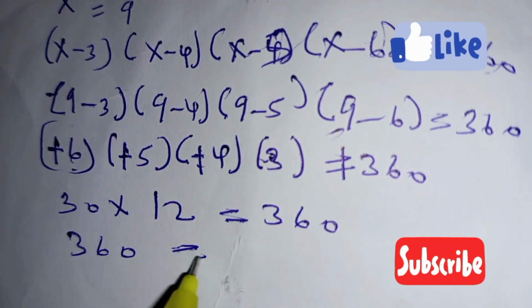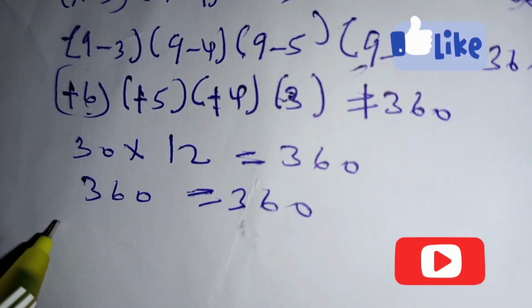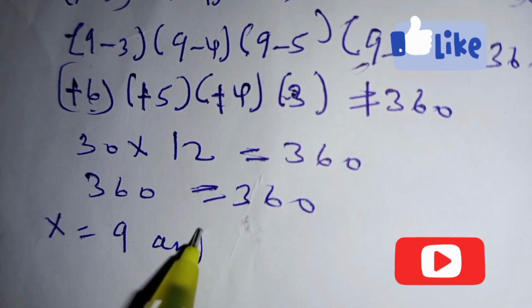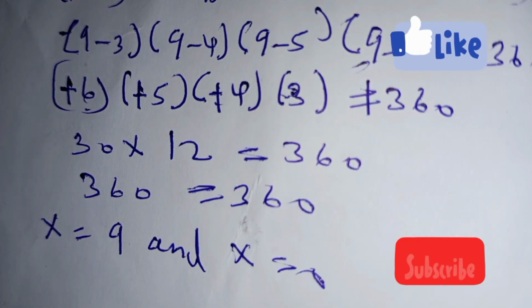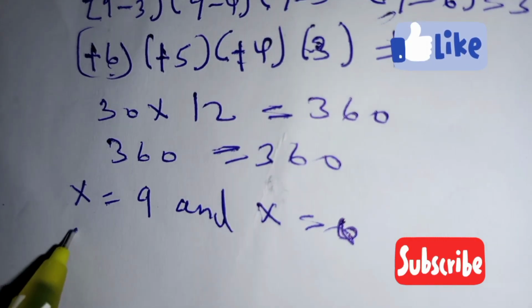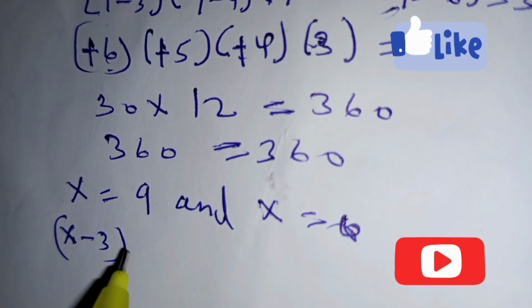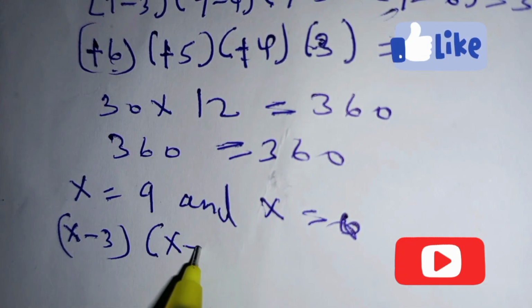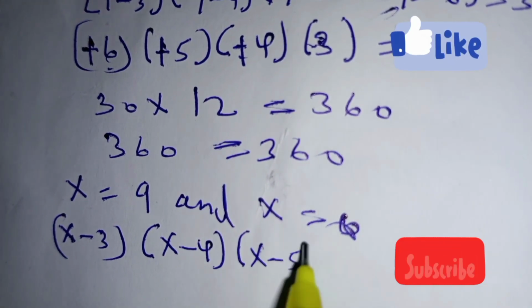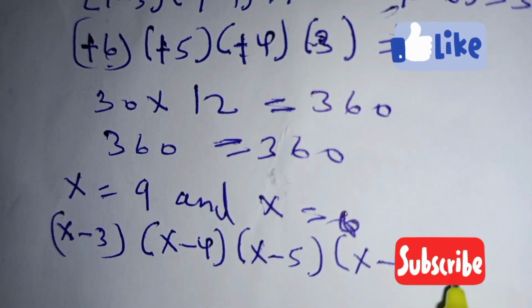So 360 is equal to 360, meaning that x equal to 9 and x equal to 0 satisfy our given equation of x minus 3 multiplied by x minus 4 multiplied by x minus 5 multiplied by x minus 6, and the result is equal to 360.